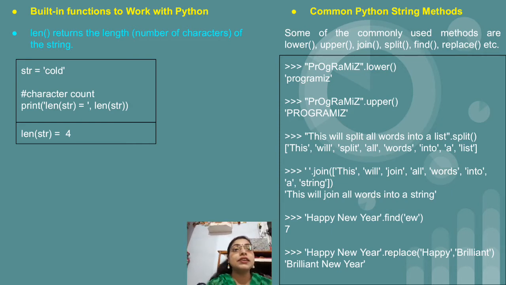So it returns the answer as 7. Why? Because just see the numbering starts from 0 with H. So H is 0, 1, 2, 3, 4, 5, 6, 7. The E character has index 7, so that will get displayed as output. So we can find whether a specific character or set of characters is present in the string or not with the help of the find function.